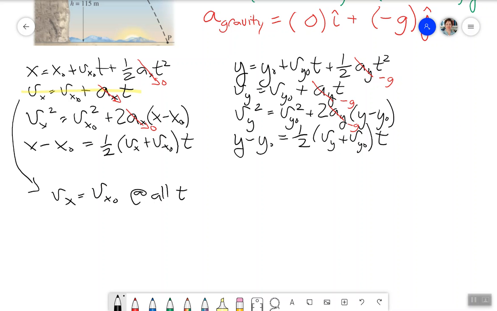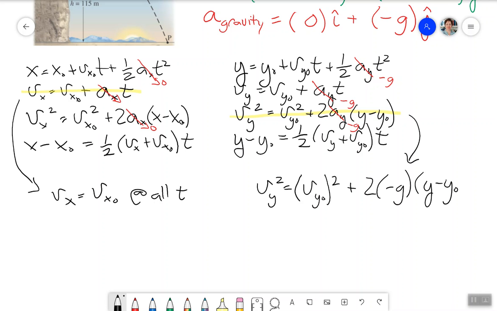And in the y direction here, we can rewrite this same equation, but we don't know time. So instead of the equation with time, let's pick the one that doesn't have time. And we can rewrite that equation as vy squared is equal to vy naught squared plus 2 times negative g times y minus y naught.